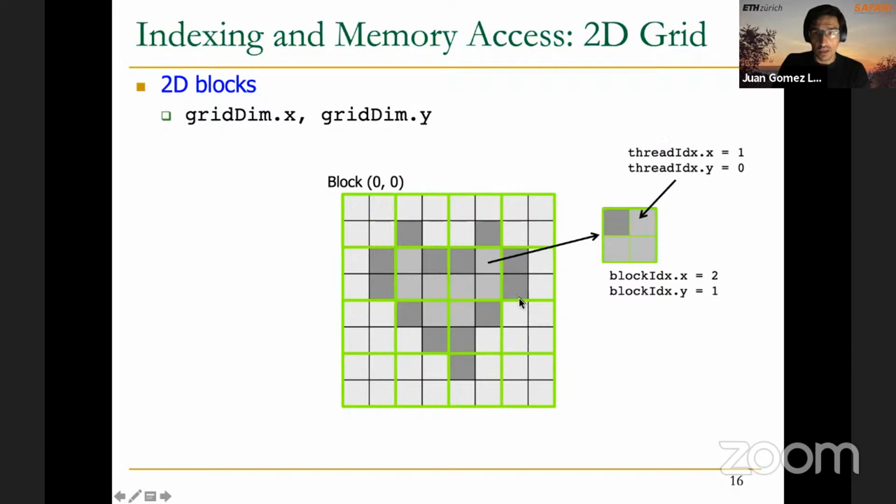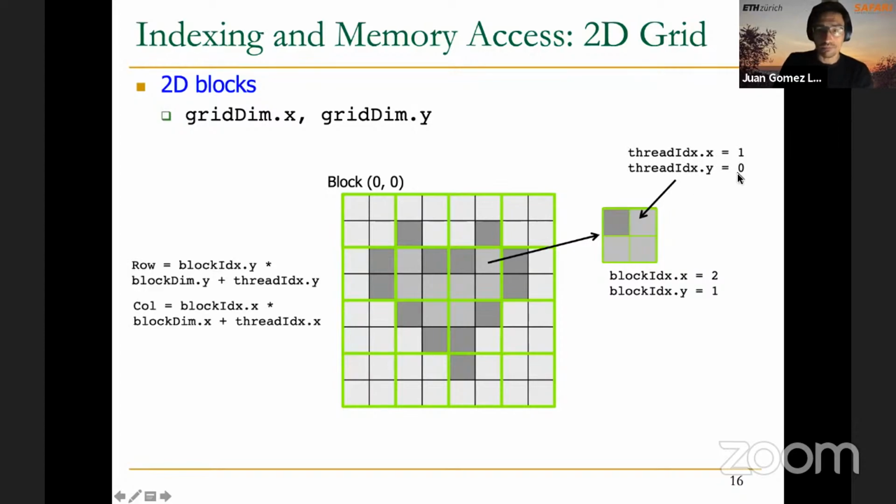This here is assigned to thread block 2, 1, block index X equal 2, block index Y equal 1. And then internally, what we will typically do is assigning each of the individual data elements, pixels, to individual threads. So for example, this one here, to thread index X 1 and thread index Y 0.